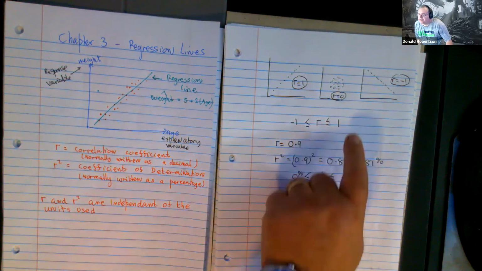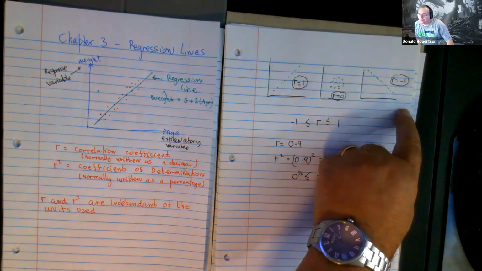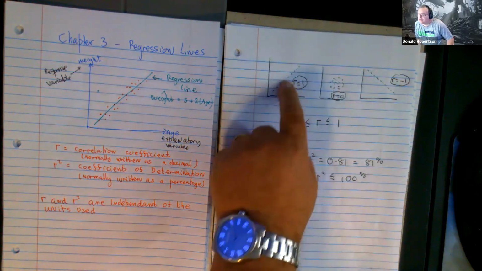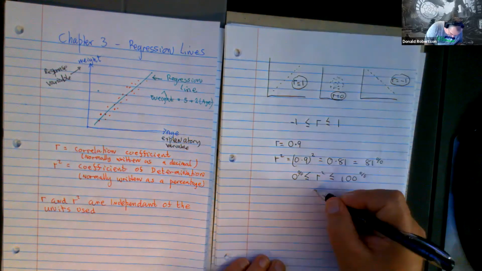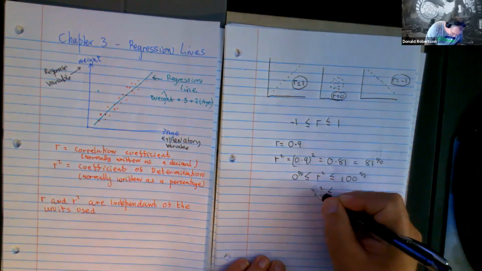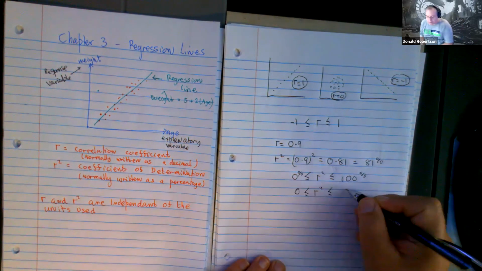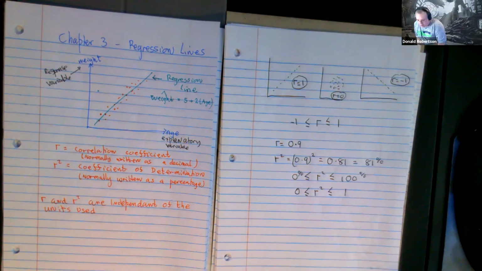But couldn't it be a perfect straight line going down or a perfect straight line going up? As I said, it's typically written down as a percentage, but if you want to think of it as a decimal, won't it take values from 0 to 1?